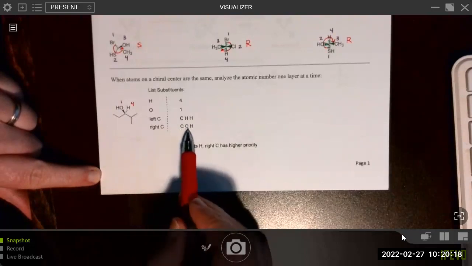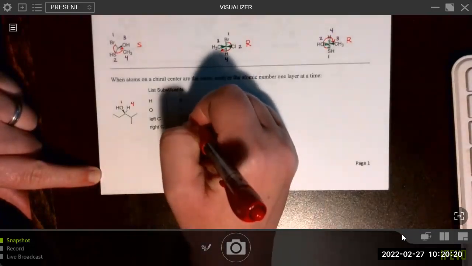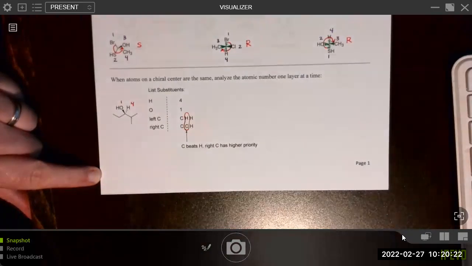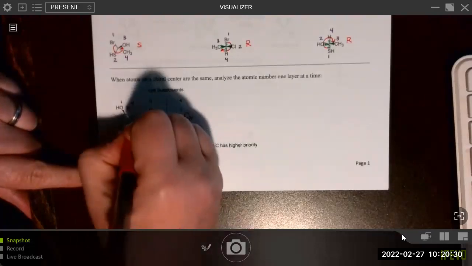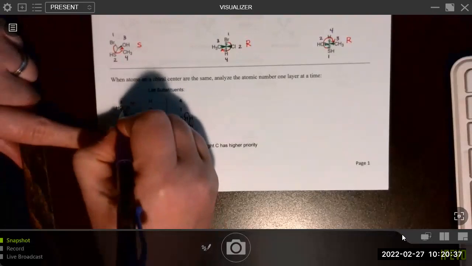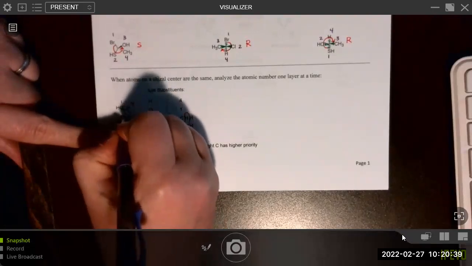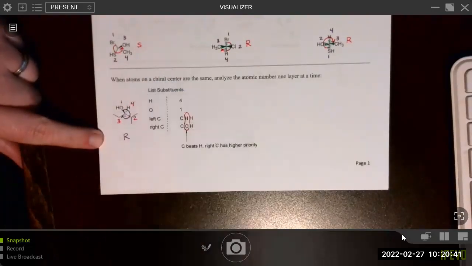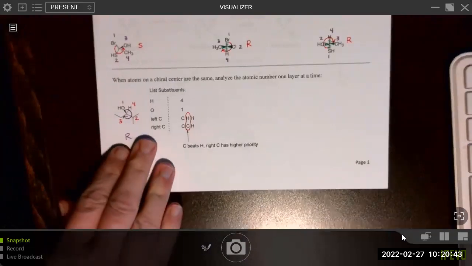And then the second attachment is the point of difference, carbon being a higher atomic number than hydrogen, and therefore the carbon on the right has a higher priority than the carbon on the left. With the fourth priority pointed back, we can just do a 1 to 2 to 3 clockwise rotation, and this is R.